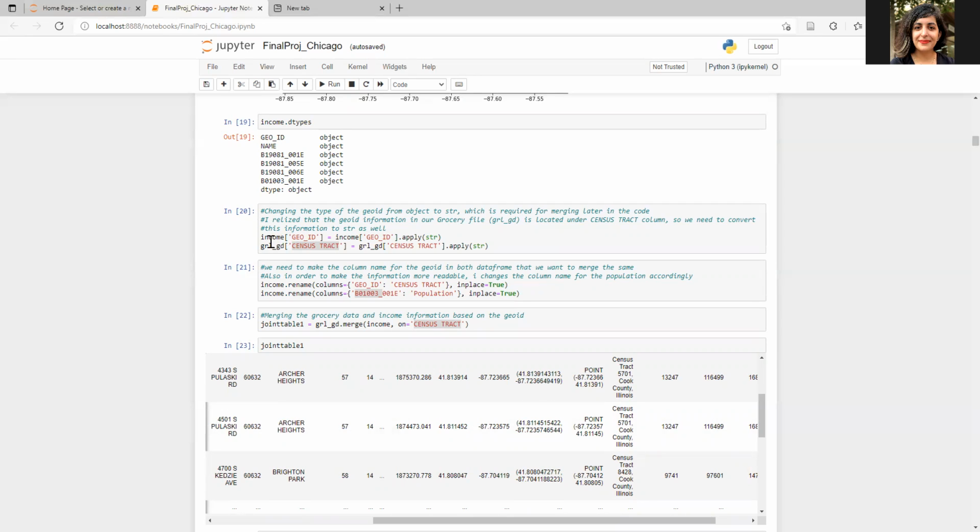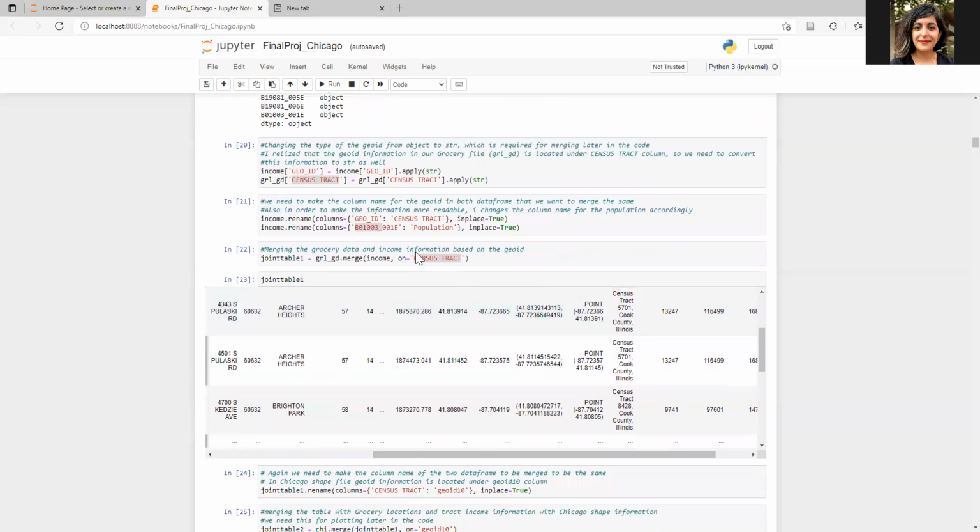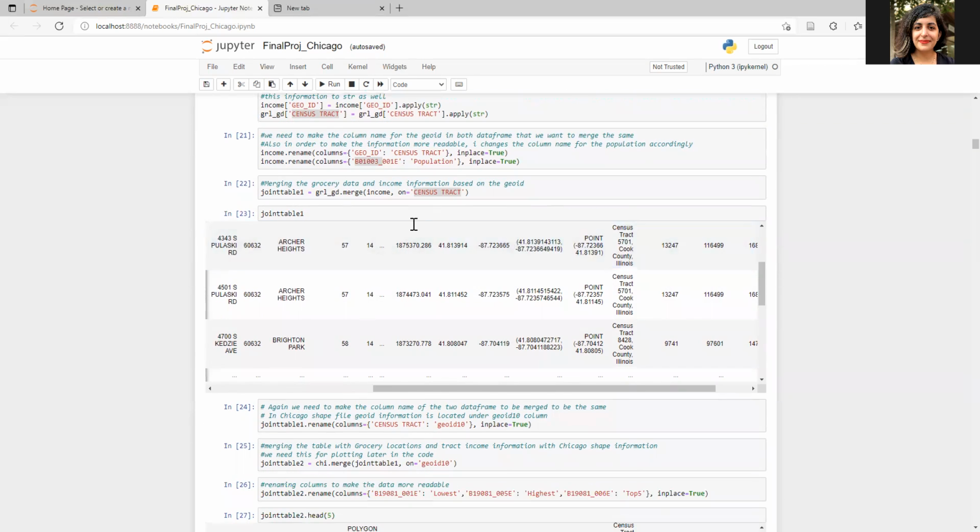For instance, in my income data set, geo IDs are named geo underline ID, but in my groceries data set, they were named census tract. So I had to make sure they are consistent. I also did some label cleanup so that when I say population, I mean population, not B01003. So just a little bit of cleanup.